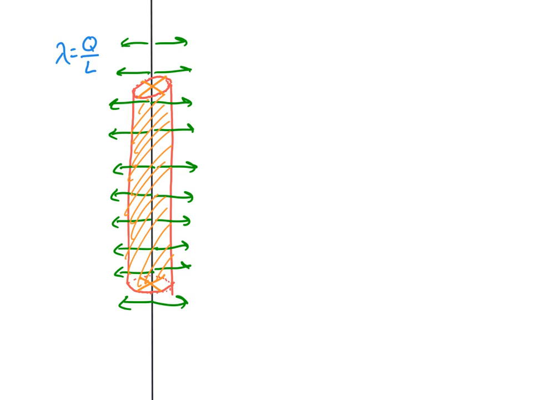Okay. I need to know the area of that part of the Gaussian surface. Well, that will be this length multiplied by this circumference.